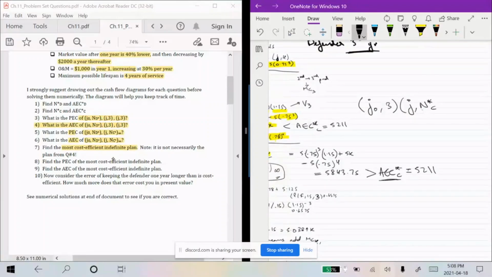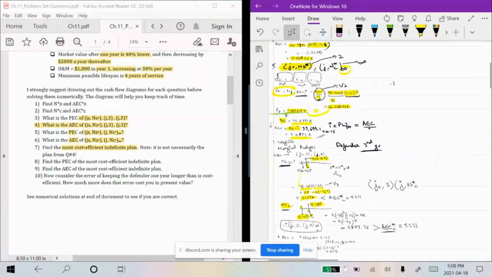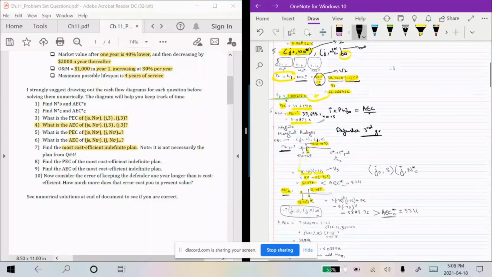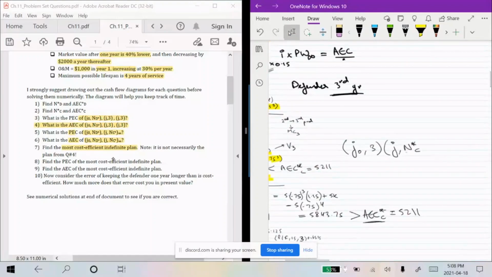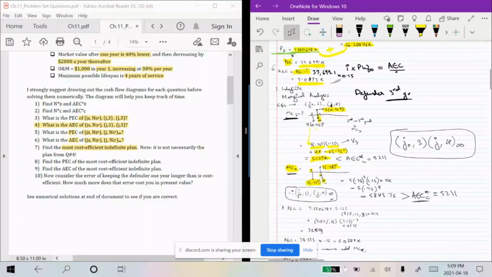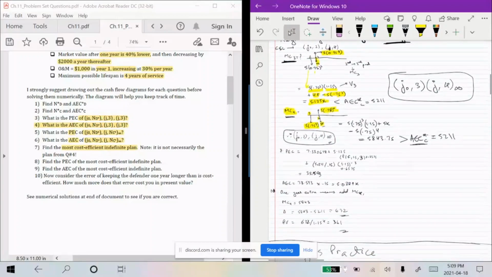It's always the N star C. The N star C in our problem is right here, 4 years. Okay. So it's always going to be 4 years. And we know it's an indefinite plan. So infinite. This is our most cost efficient indefinite plan. Okay. We're almost done. All right.